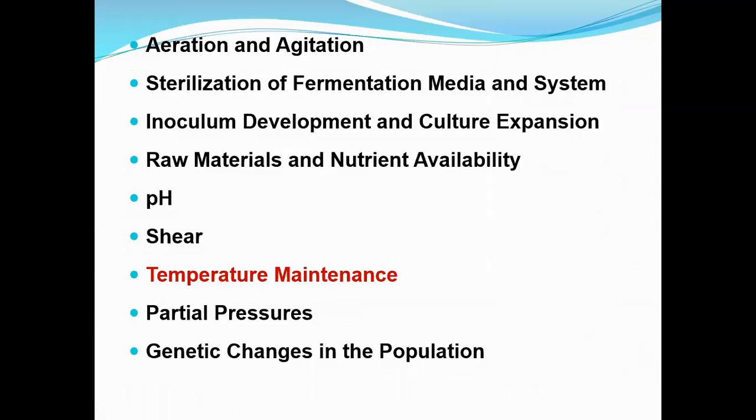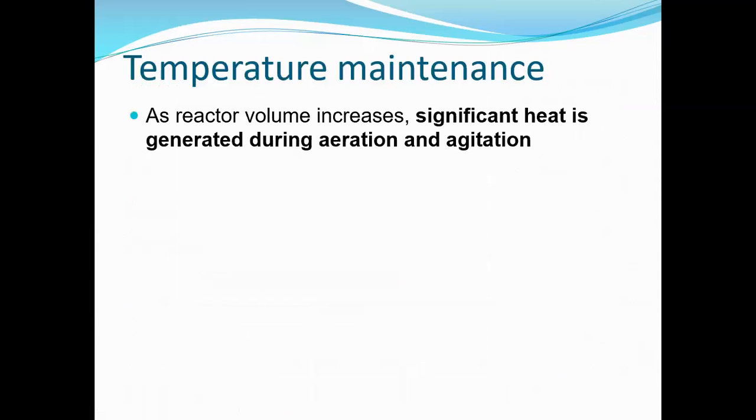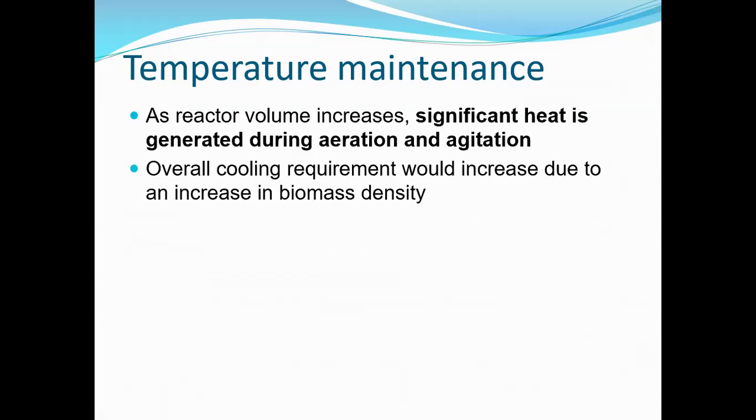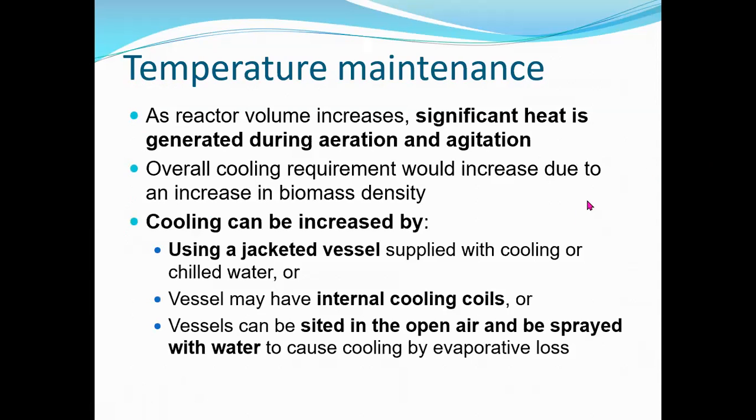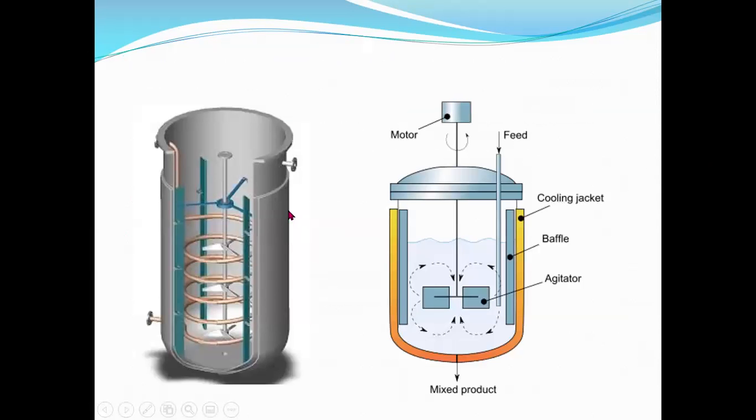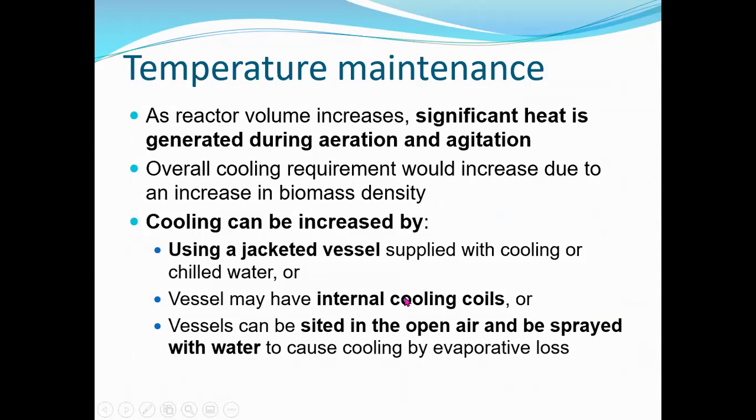Then comes the temperature maintenance. Because of the scale up, the volume increases, and there is significant heat generation during the aeration and the agitation. So that has to be cooled down. Cooling can be increased either by using a jacketed vessel, that means you use a cooling jacket, with this yellow color, or use an internal cooling coil.